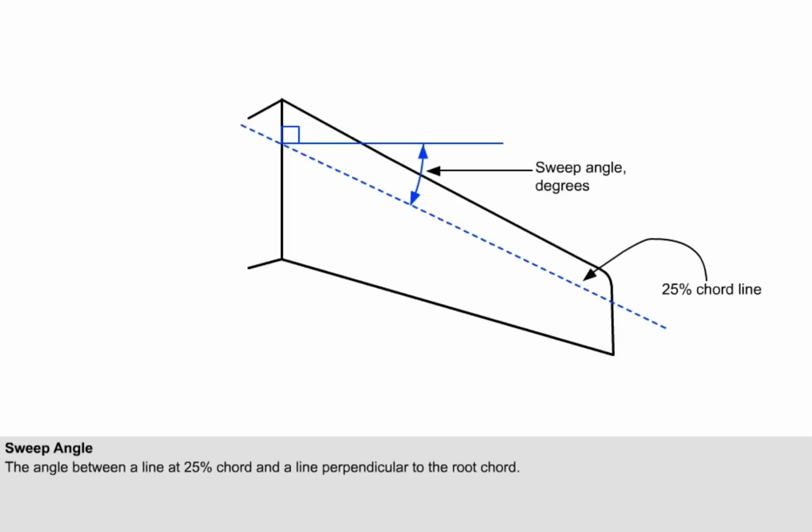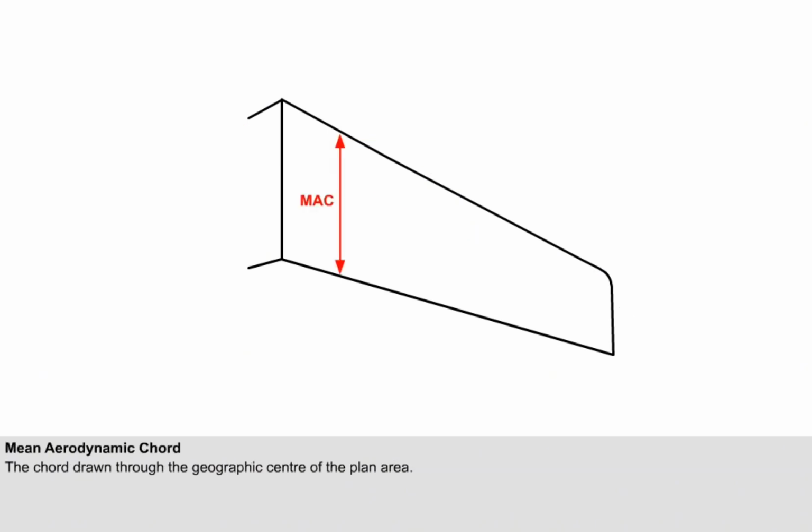For a swept wing, the sweep angle is usually measured as the angle between the line along the wing joining points of 25% chord and a line perpendicular to the root chord or aircraft centerline. Finally, the mean aerodynamic chord, abbreviated to MAC, is the chord drawn through the geometric center of the plan area.